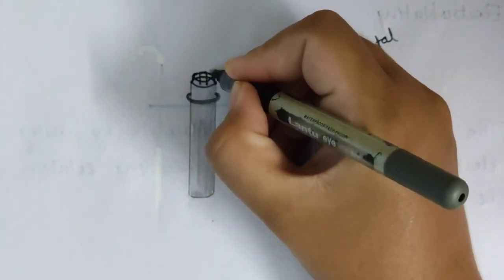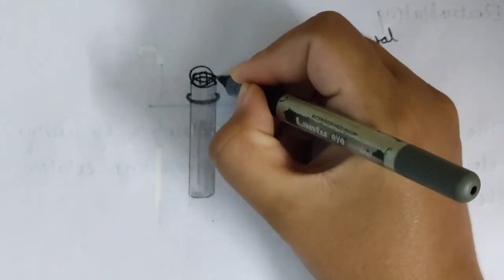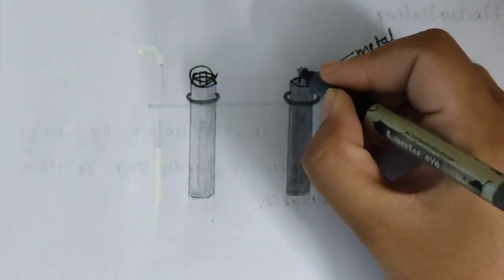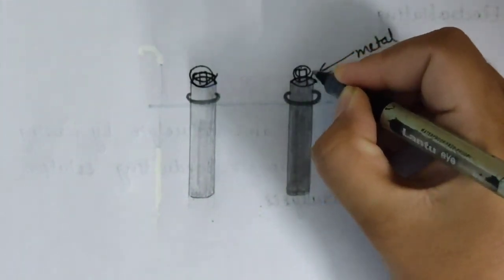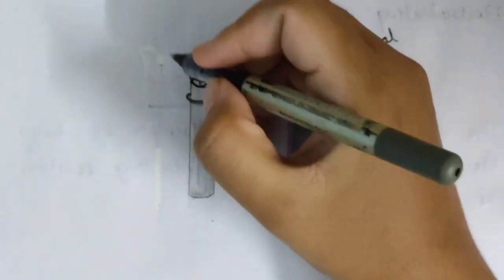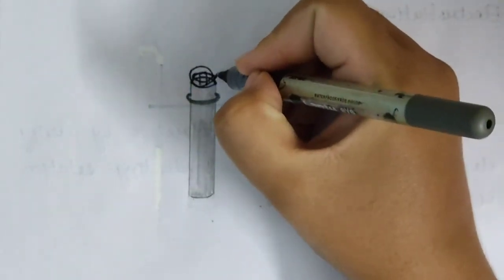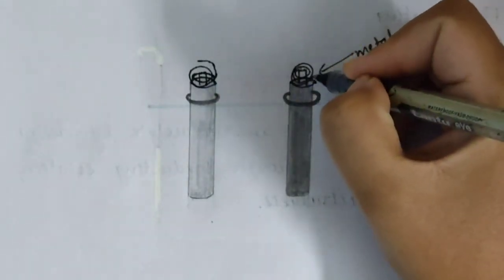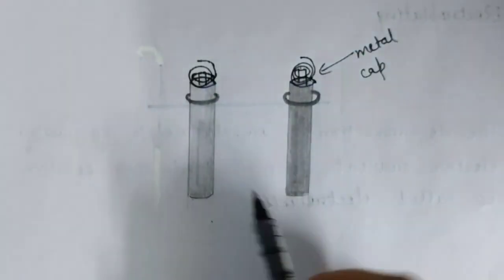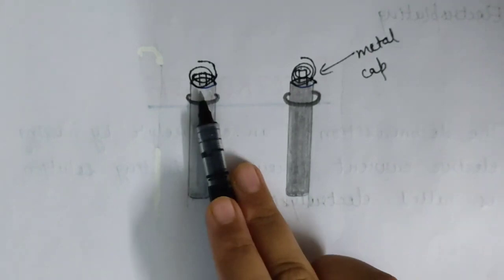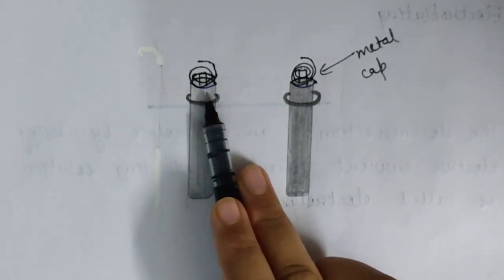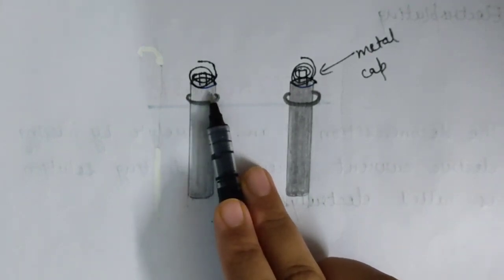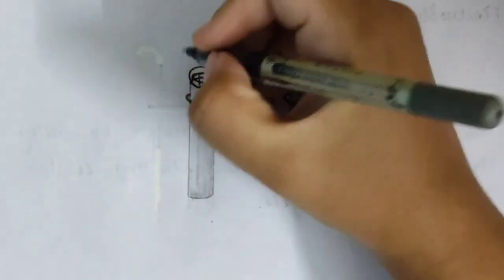I am wrapping the copper wires. Wrap copper wires around the metal caps of the carbon rods and join them to a battery.